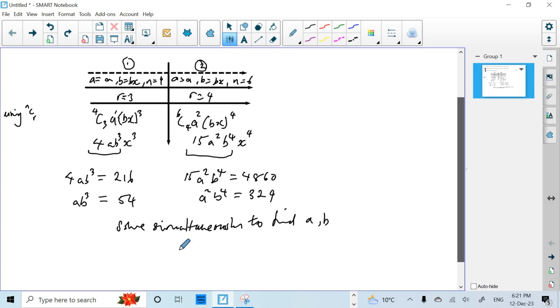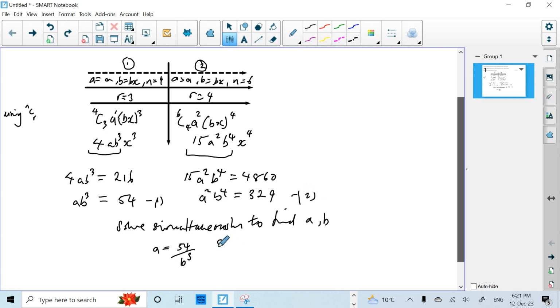So a is equal to 54 over b cubed, using ab cubed equals 54. Let's say this is equation 1 and this is equation 2.